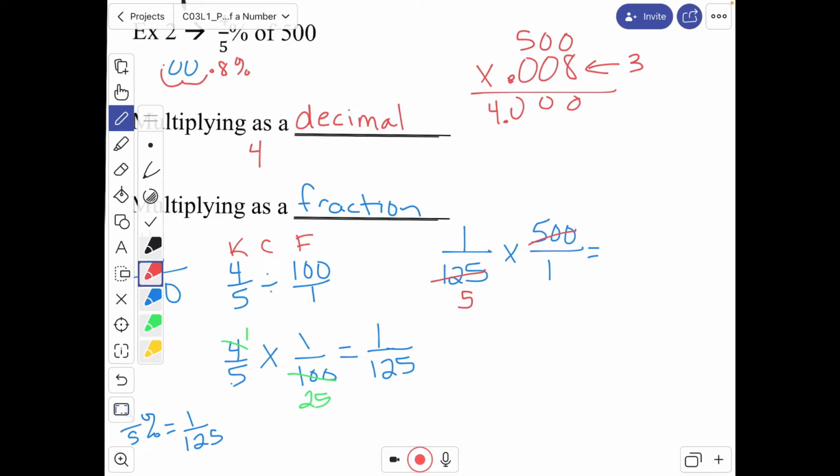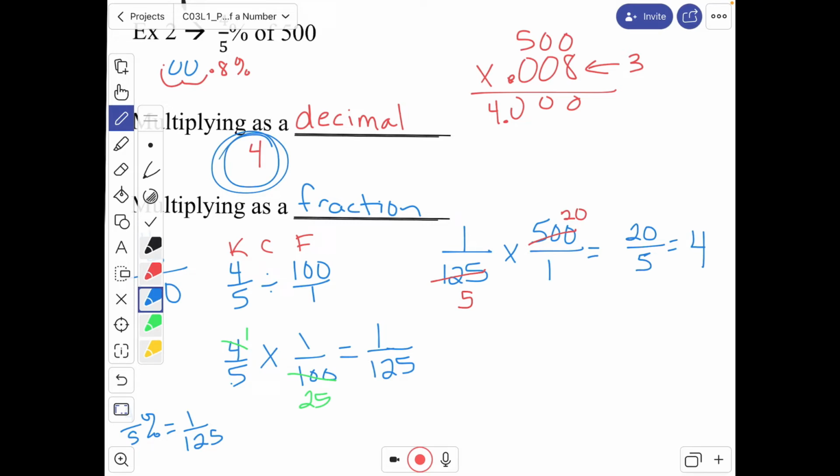And then think how many quarters would be in $5. 20. So now 1 times 20 makes 20. 5 times 1 makes 5. And 20 divided by 5 is 4, which is the same thing we got when we did it as a decimal.